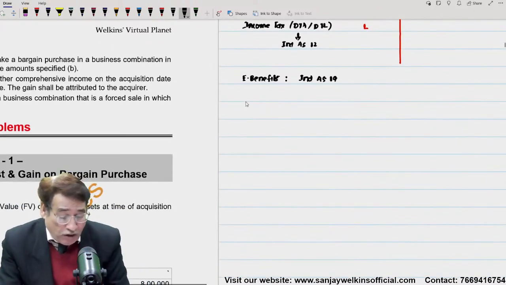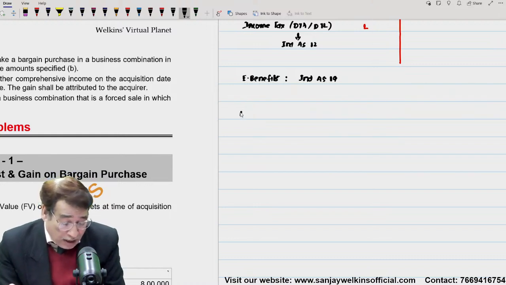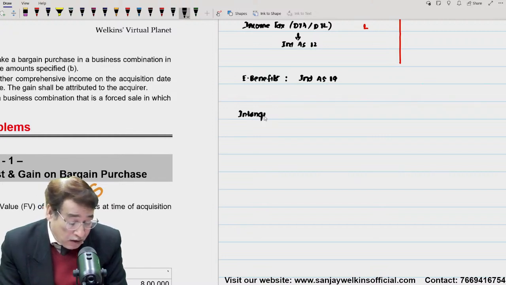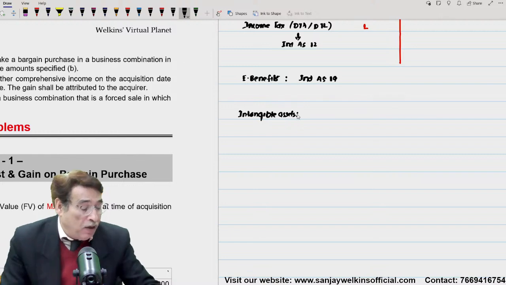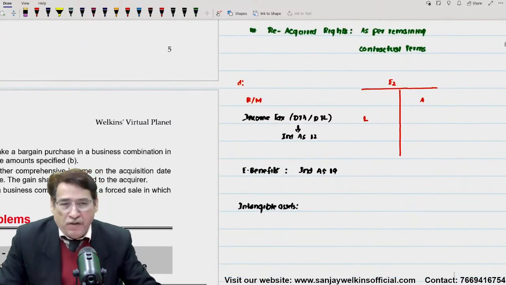One more item, actually, I am getting recapped. So I will also write intangible assets. You may say, sir, intangible assets generally appear in the books of every entity. No doubt about that.